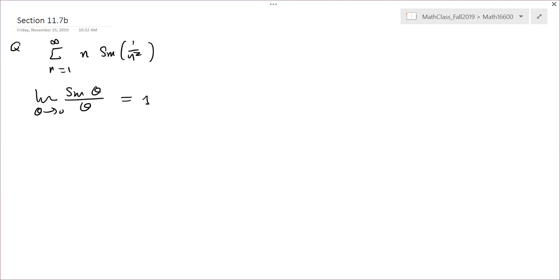In other words, if theta is very small, then sine theta is almost equal to theta, because the ratio is going to be almost equal to 1. Because right now 1 over n squared could be very small, this n sine 1 over n squared is very close to that. We just assume that.